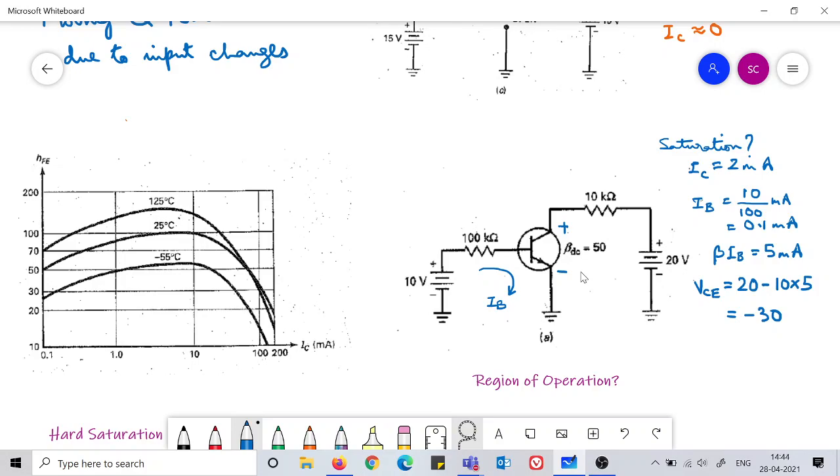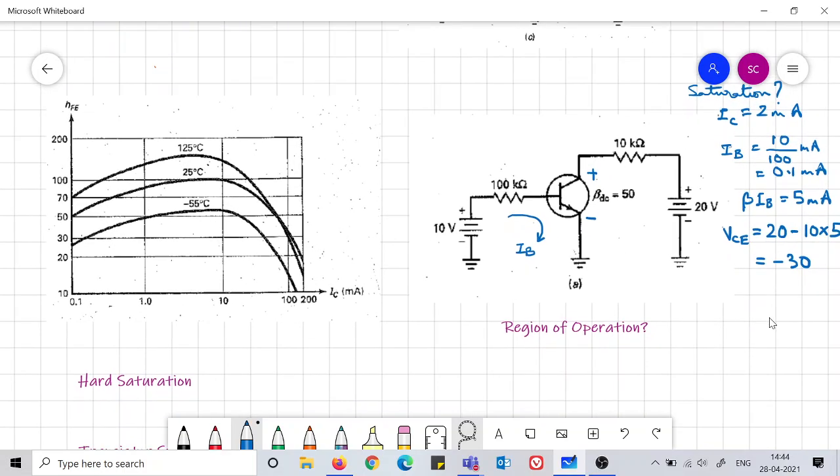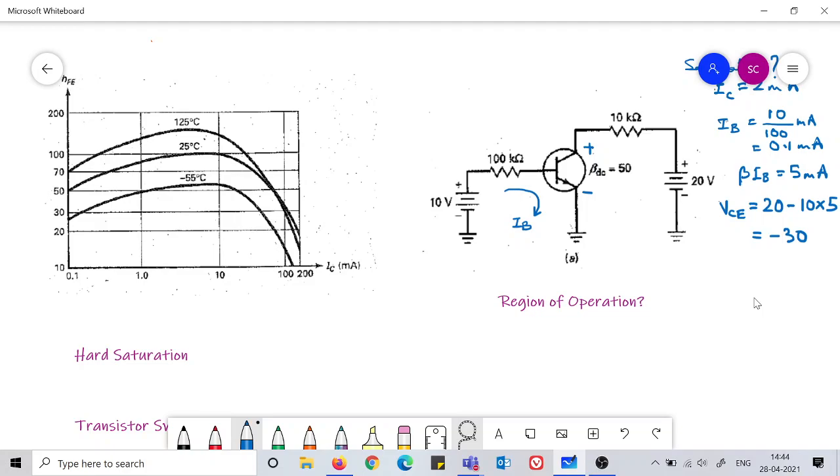Another way is that you determine the active region current IC and you find out VCE. If VCE is less than 0, negative, then it is not working in the active region, it is working in saturation. These are the two ways to understand whether a given circuit is in the active region or saturation region.